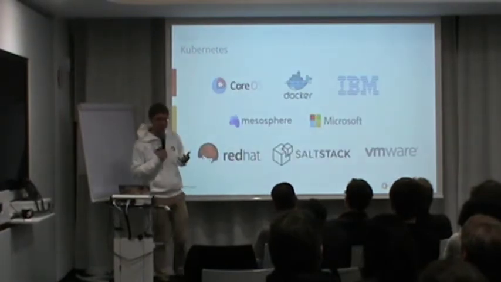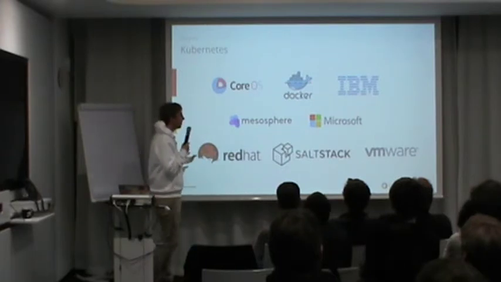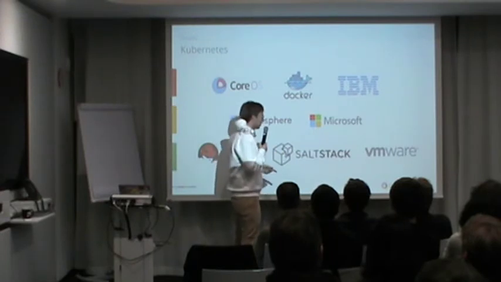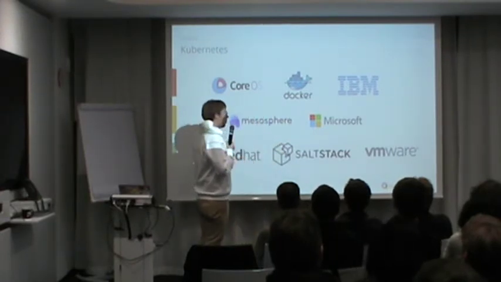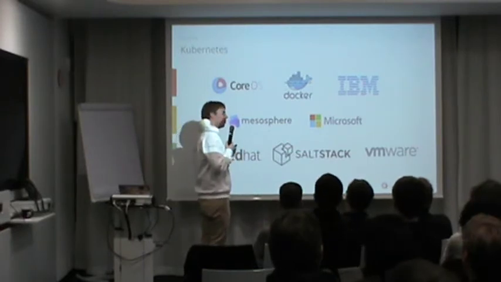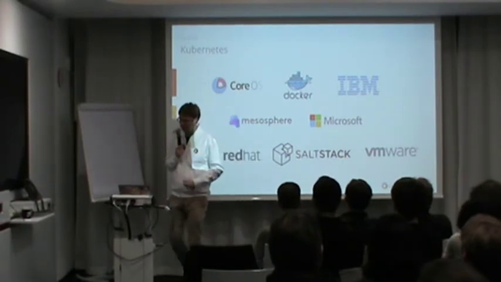Lots of partners came online within a few weeks. We were a bit surprised even. So there's IBM, there's Microsoft, which integrated in Azure. Red Hat is doing their own kind of system. They will use Kubernetes for their own clustering system they're building.